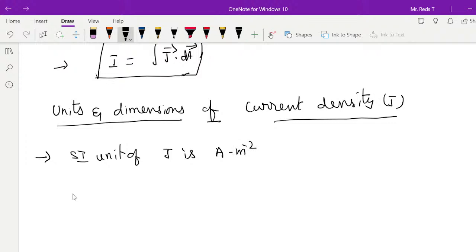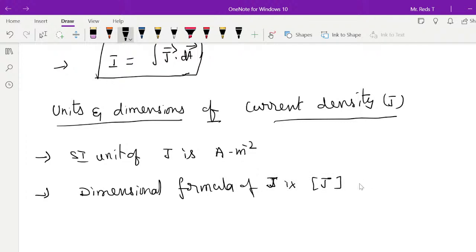How do we write the dimensional formula of this? The dimensional equation of J is equal to ampere per meter square.